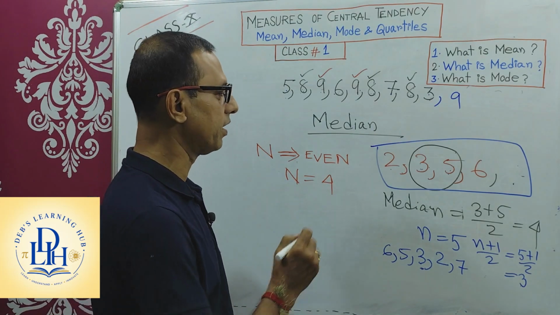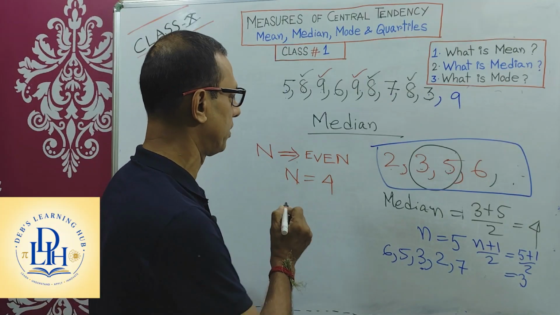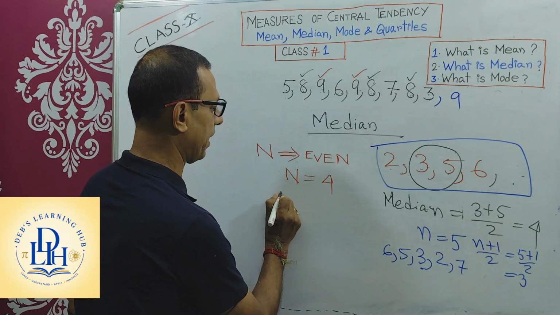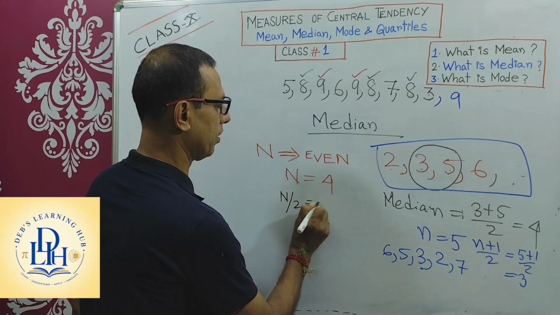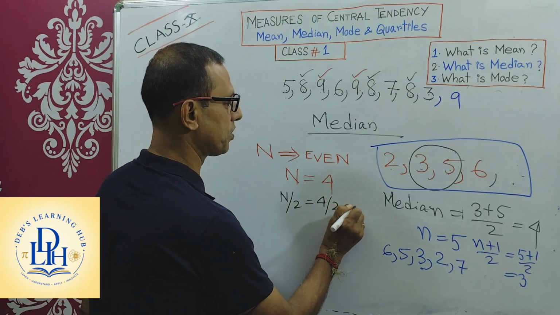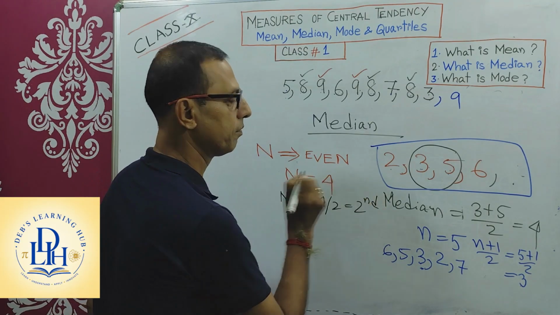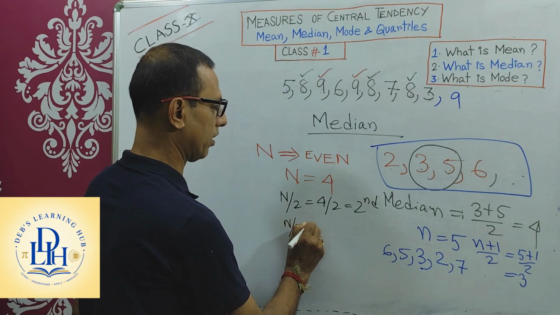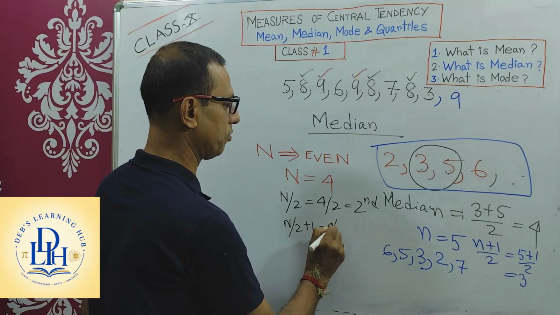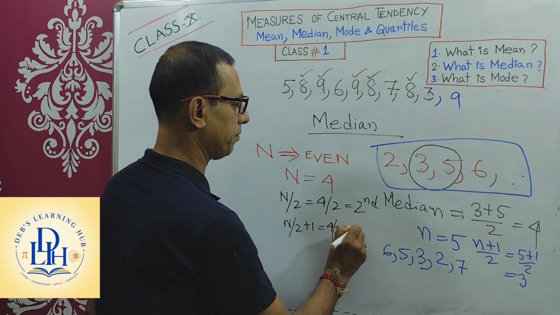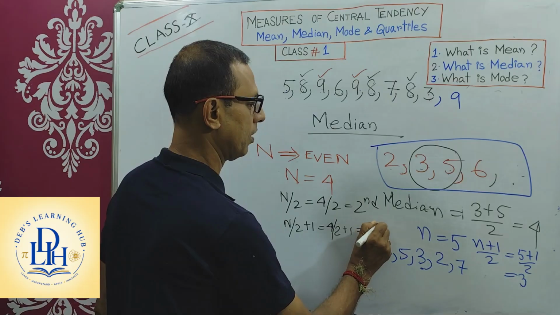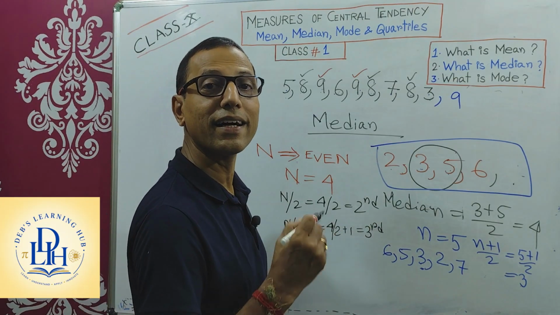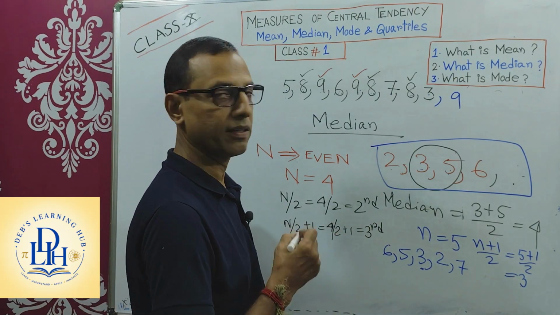To find the median, you need to find the positions of the middle numbers. One will be n by 2, that is 4 by 2, that is the second term. Another will be n by 2 plus 1, that is 4 by 2 plus 1, that means the third term.